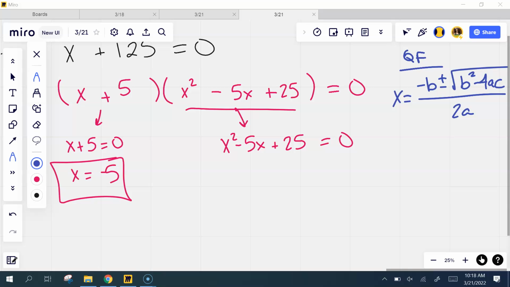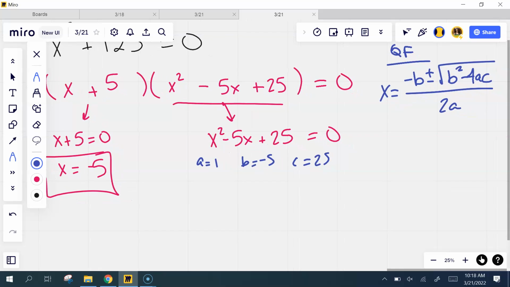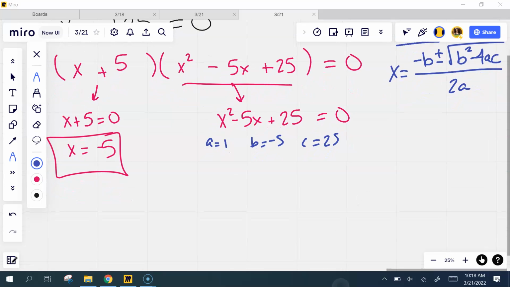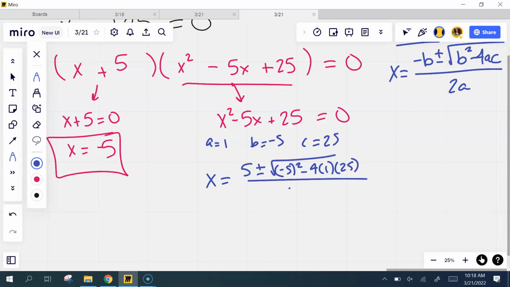So here, A is 1, B is -5, and C is 25. And so I'm just going to plug in this quadratic formula. Opposite B plus or minus the square root of B squared minus 4 times A times C all over 2A.